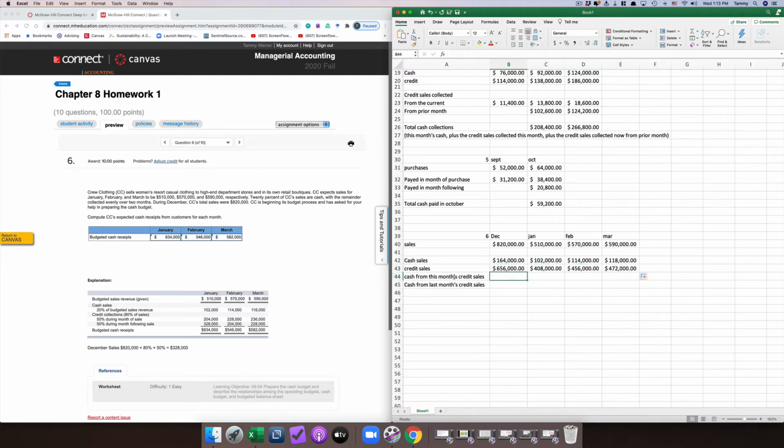So then our cash collected from this month's credit sales is going to be evenly half of it this month. So 0.5 times the credit sales in the current month. Right? And in January, it's going to be 0.5 times the credit sales from December. And I keep forgetting to put the equal sign here, which I'm sure happens to you guys too. Okay, so it's going to be half of the credit sales from December, like that.